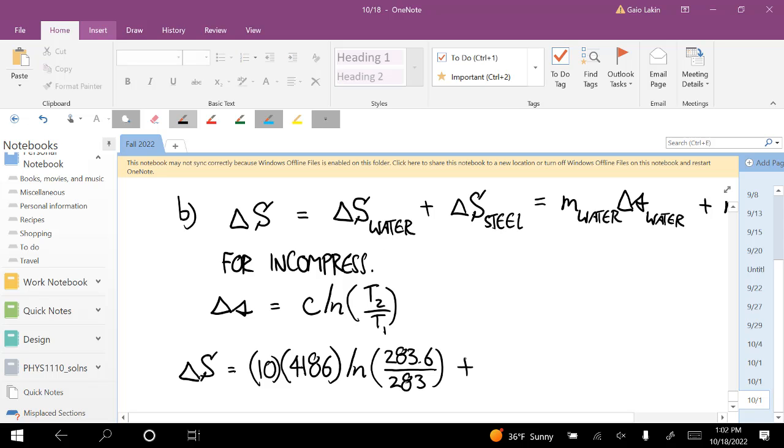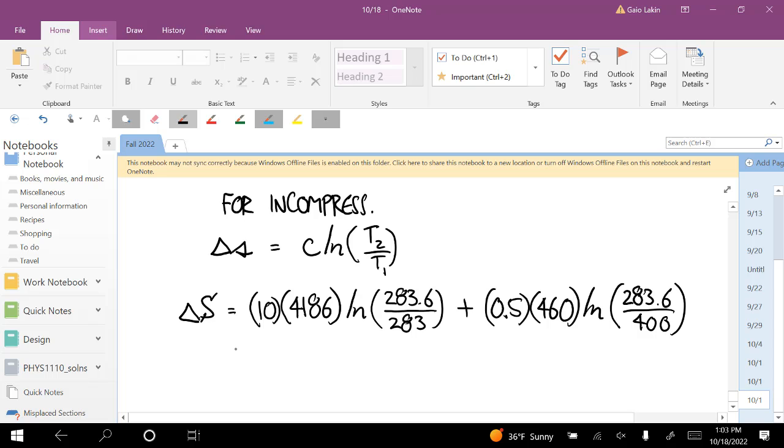And now the same thing for the steel, so the mass, 0.5, times the specific heat of 460, times the natural log of the final temperature, 283.6, over 400. And you get a change in entropy of positive 9.56 joules per Kelvin.